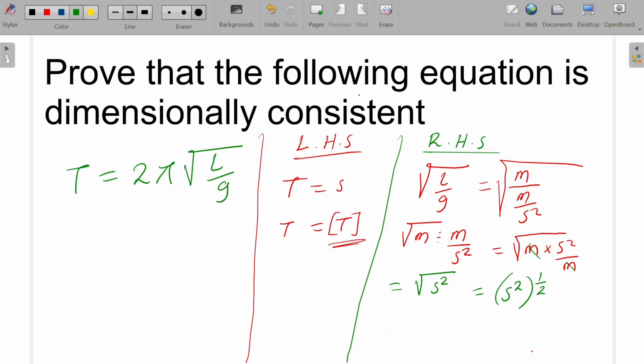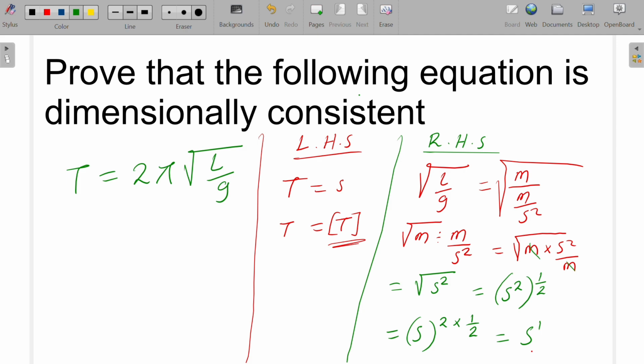Now, when you have a power given to a power again, you just multiply those powers. So we have s to the power of 2 multiplied by 1 over 2. The 2 and 2 will cancel: 2 by 1 over 2 is 1.